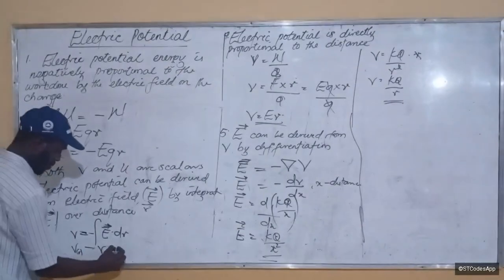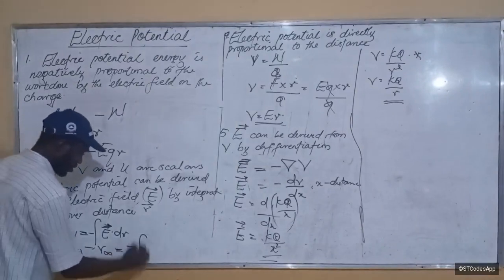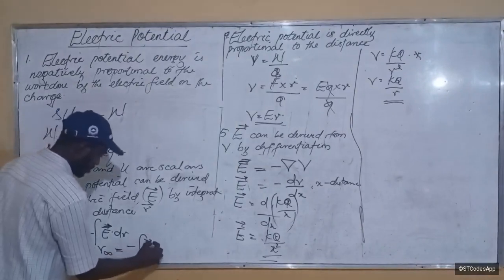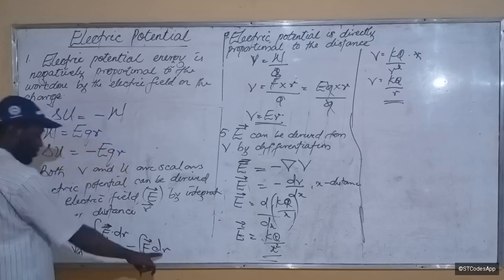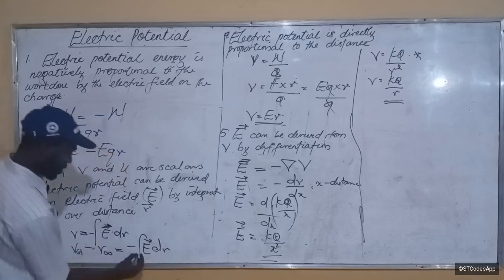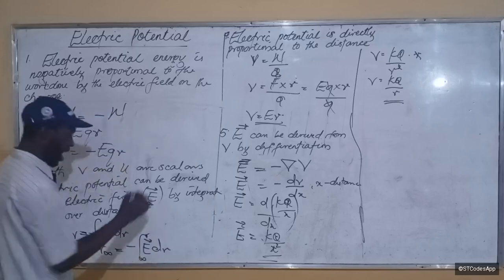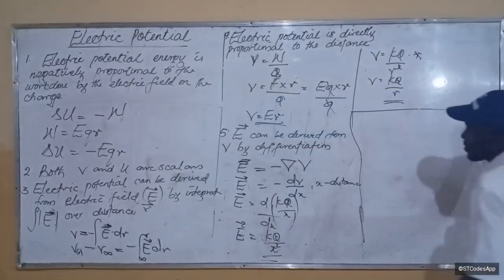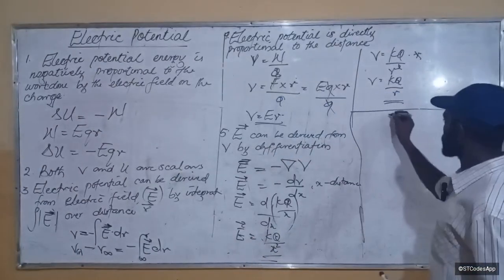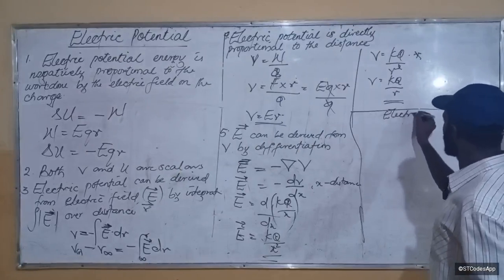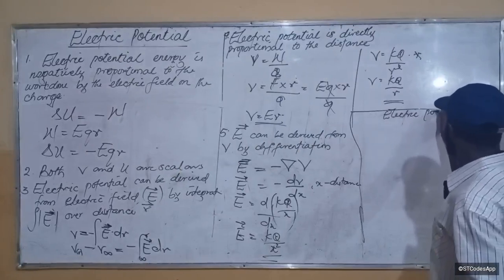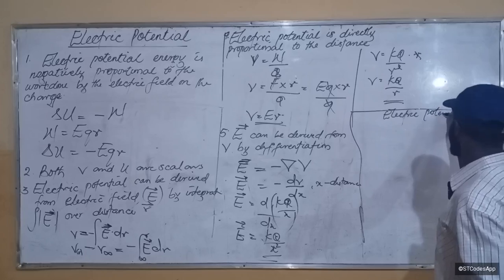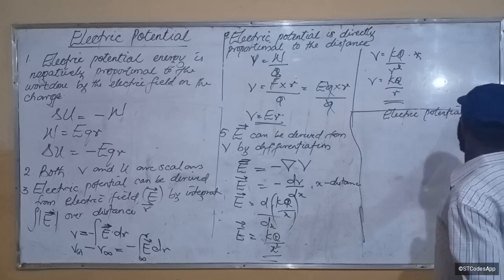This is what gives us the integration of E dr, from infinity to r. Is that clear? So what if we now want to calculate for a particular point between 2 points? So electric potential due to a point.